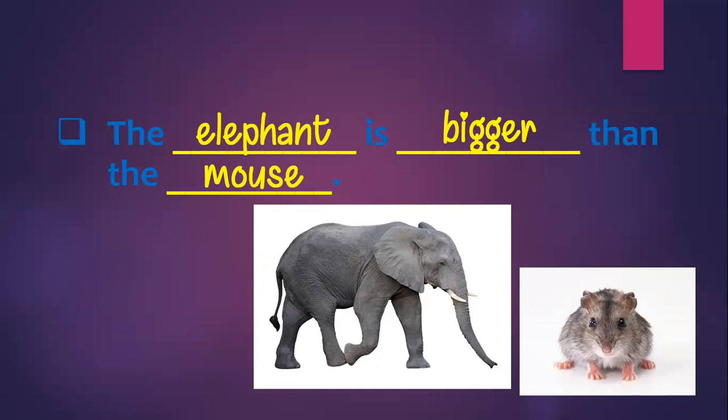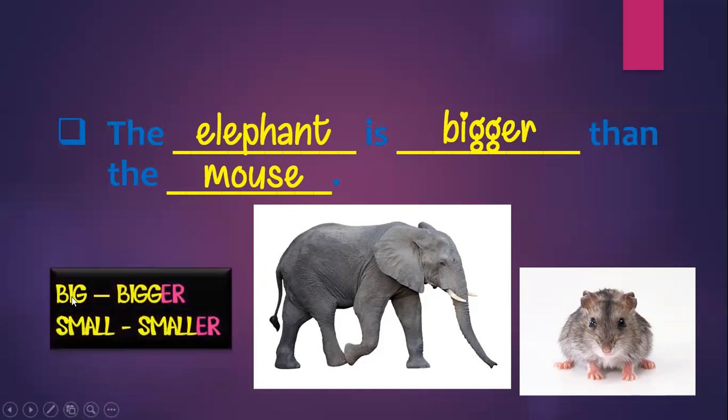So we couldn't say the elephant is smaller than the mouse because it's incorrect. It is not, right? So one more time, remember here, we are using big and small, but we must conjugate here, remember, bigger and smaller. We are using this. So listen here. The elephant is bigger than the mouse.